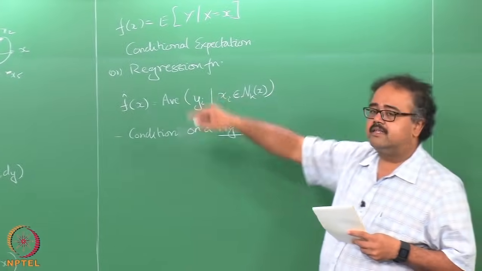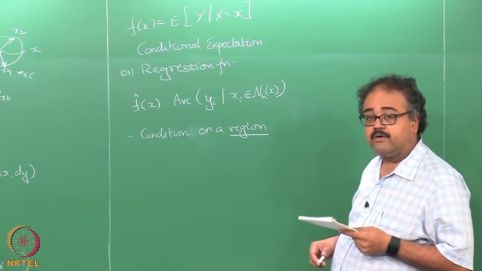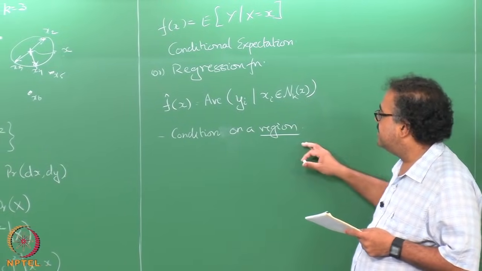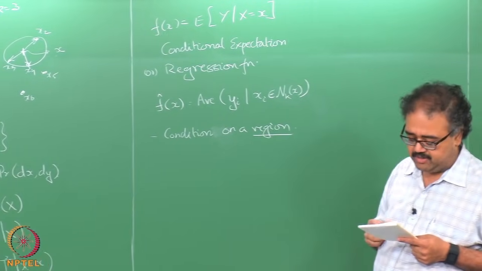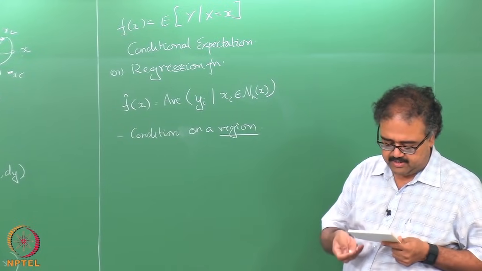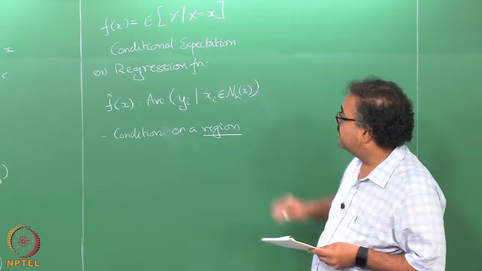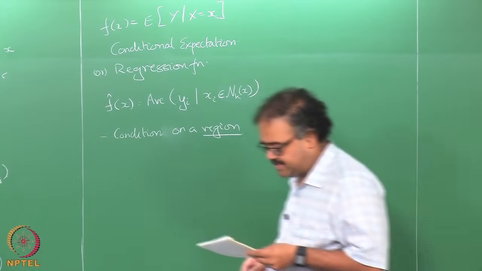So, that circle there would correspond to the neighborhood around x. So, I am going to be conditioning on this region which is given by this neighborhood around x, okay.